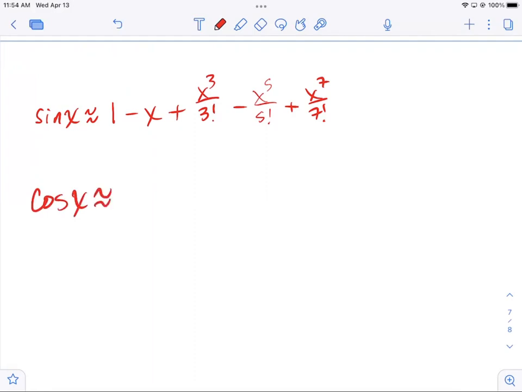Cosine starts with what? 1? 0? 0, okay? Plus, minus. I'm just going off what y'all started me off. I'm going back up to the first one, and I'm not really happy with it. Sine is an odd function, right? It has origin symmetry. So all my terms have to be odd. That's odd, that's odd, that's odd, that's odd, but 1, there is no 1 there.